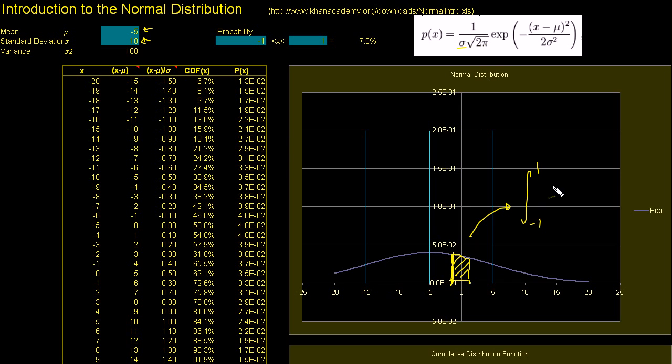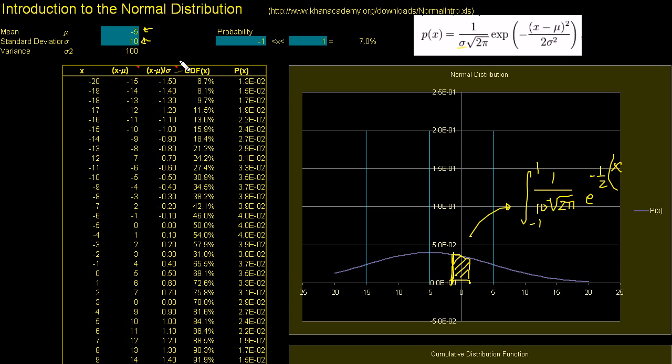So we're calculating, for this example, the normal distribution function. Our standard deviation is 10, so it's 1 over 10 times the square root of 2 pi, times e to the -1/2 times x minus our mean over the standard deviation, squared.